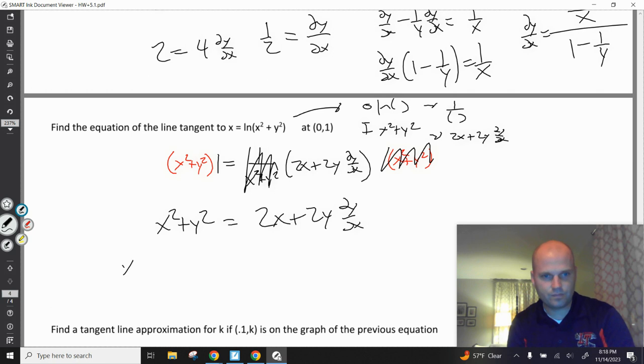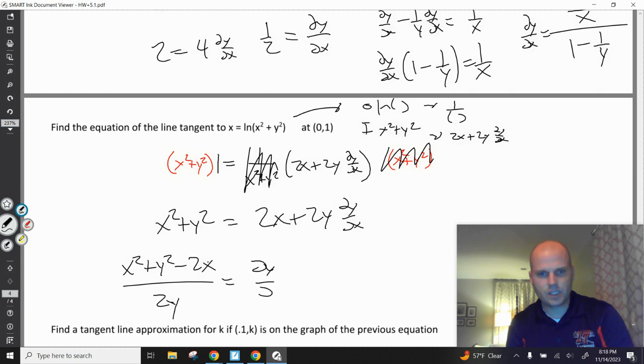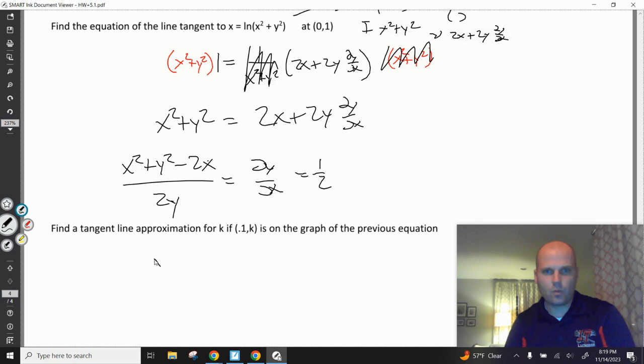This is no big deal. Okay? There's a test question where it's like, this is the way you do it. Get rid of that simple thing in like a denominator, because there's no dy dx on the other side. We don't have to distribute. We plug in 0, 1. I get 0, 1, 0, 2. So we get a half. So we have y minus 1 equals a half x minus 0 if I want to approximate a y coordinate on the graph.